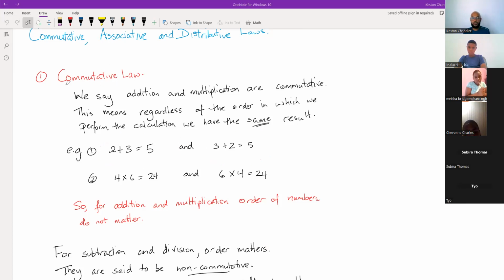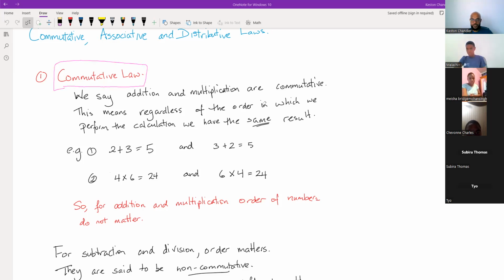The law is the commutative law, right? The commutative law says that for addition and multiplication, regardless of the order in which you perform the calculation, you will have the same result. It's the same for multiplication as well. So order does not matter for addition and multiplication. And the name of that is the commutative law, right?